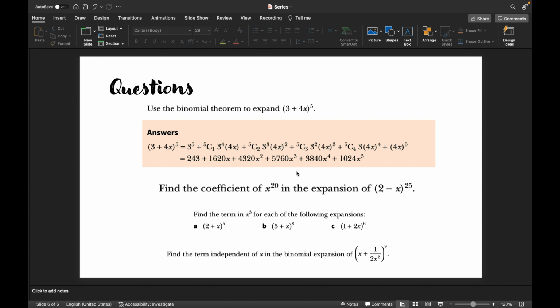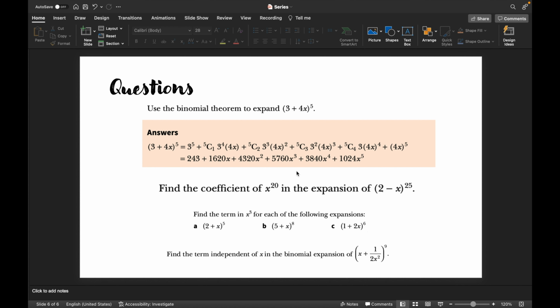The first one is just an example, and the answer is given below. I just want to walk through this with you so it's pretty clear. We have to use the binomial theorem to expand (3 + 4x) to the power of 5. First we write 5C0. We know that 5C0 is always 1, so we can just ignore that. We're going to get 3 to the power of 5.